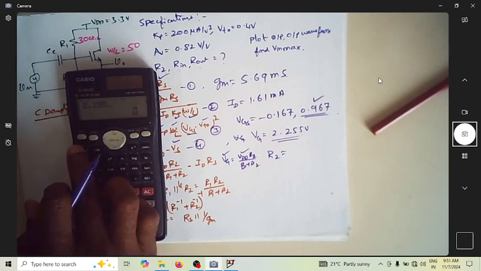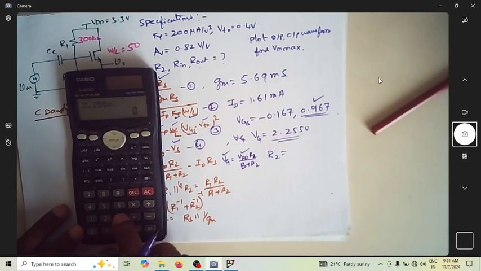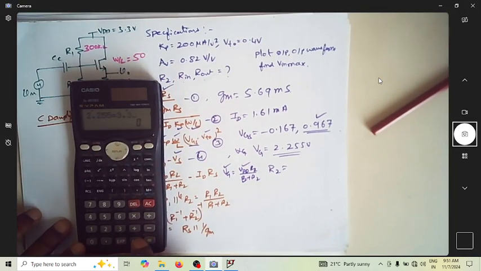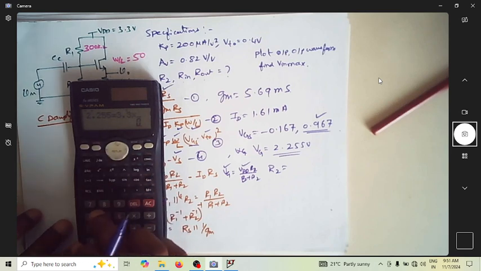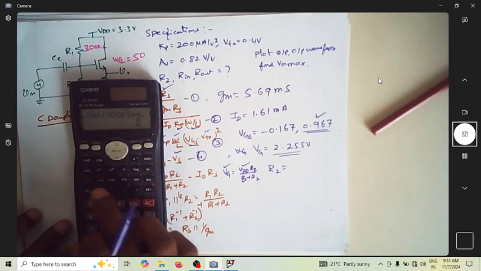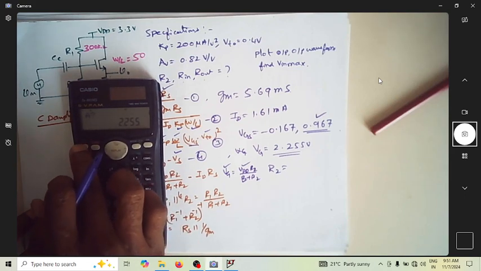It is now 2.255 equals, of course VDD, in this case we have taken 3.3, into Ans divided by 300 exponential 3 plus Ans. Shift calc.